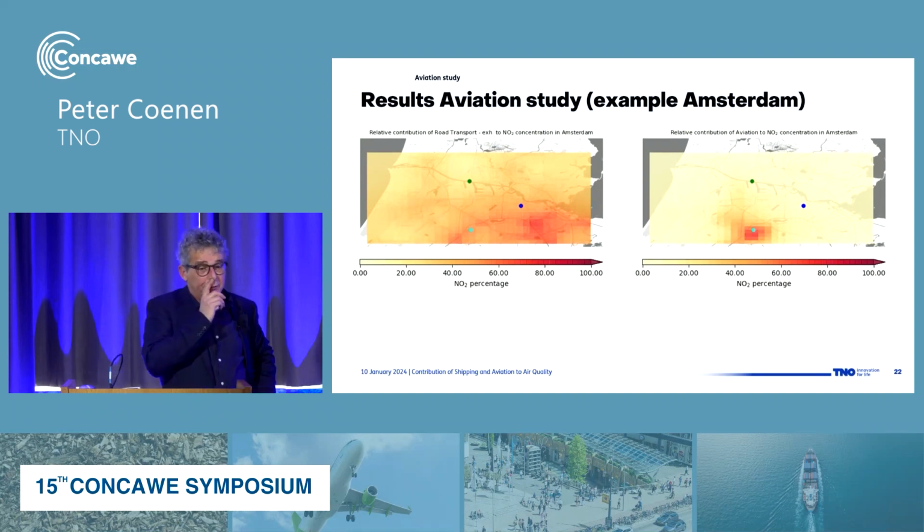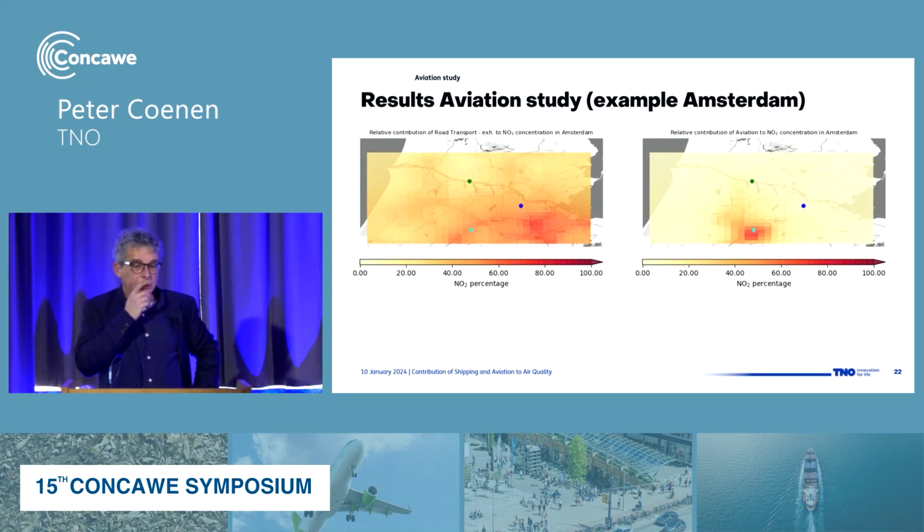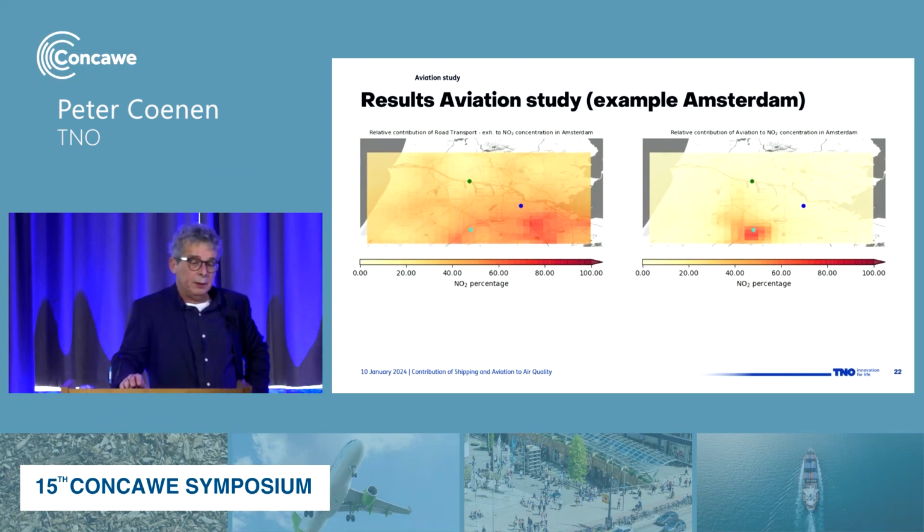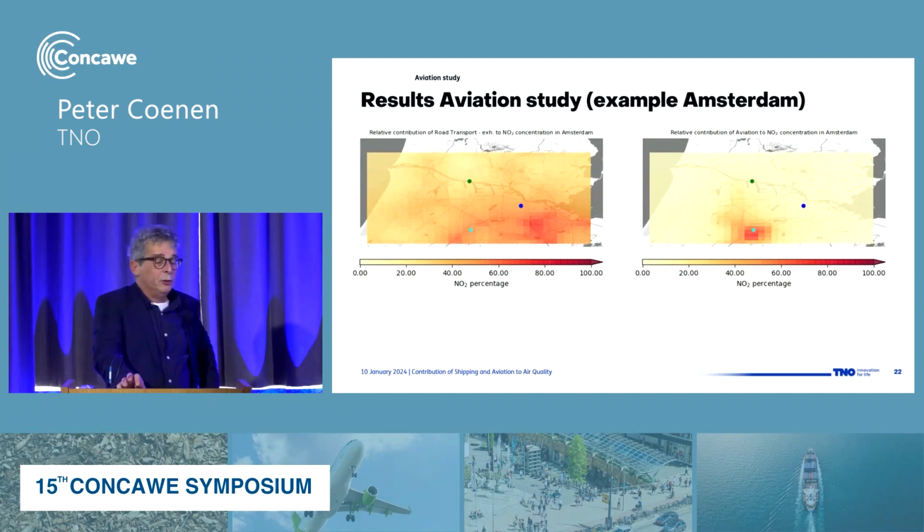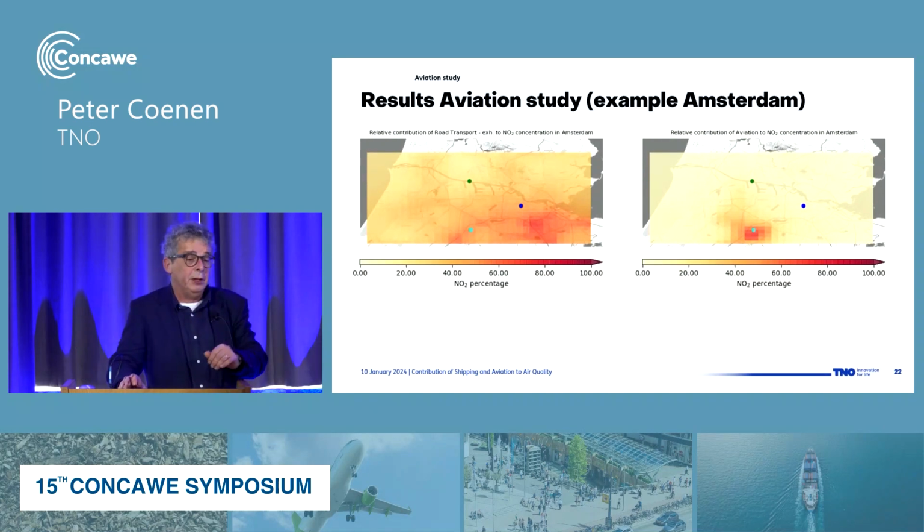And on the left, you see the definition of the landing strips. But you see also here, close to the airport, the contribution of aviation is significant. About 60% of the NO2 concentration near the airport can be explained from aviation emissions.